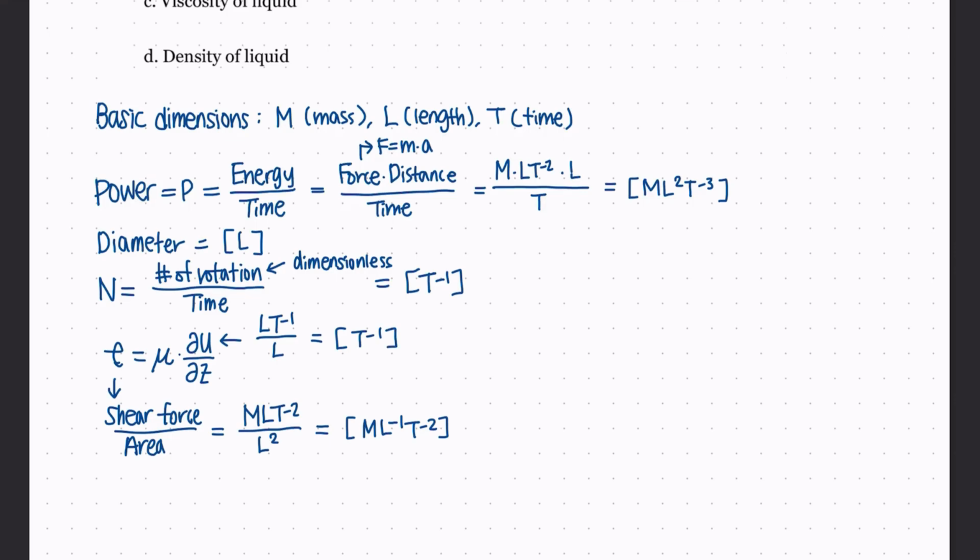Now we can find the dimension of viscosity, because we can set the equation as dimension of shear stress is equals to dimension of viscosity times dimensions of partial derivative of velocity profile by length.